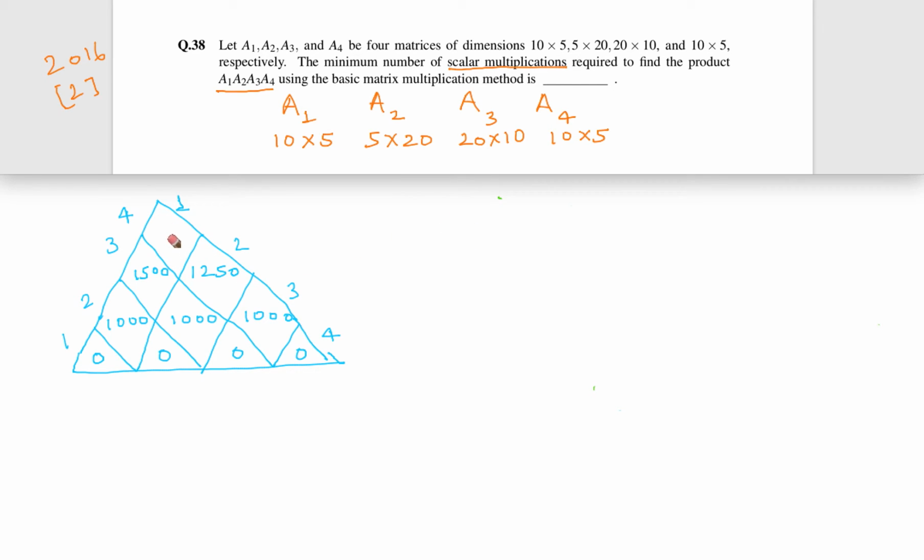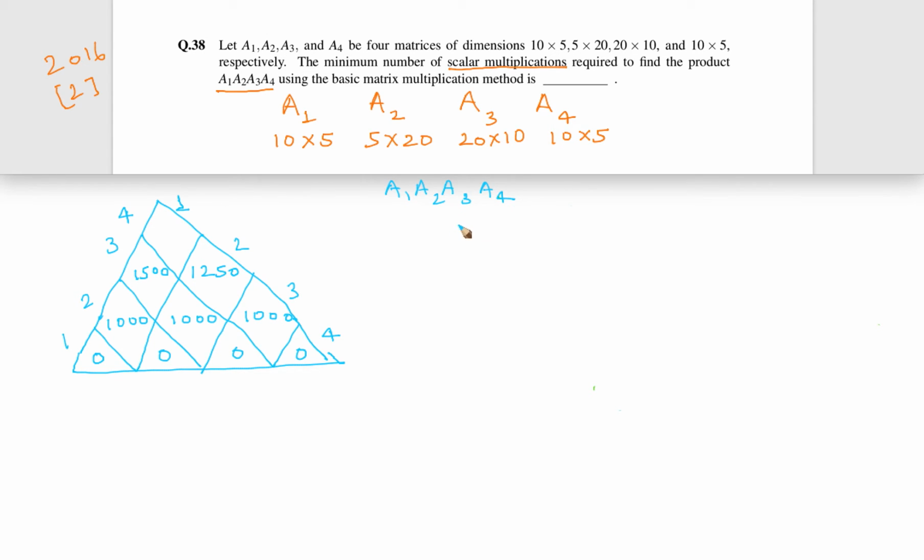Here we have to put that value, and let's understand what it is going to be. We have to find all the ways and then find the minimum way. So A1 into A2 into A3 into A4, this we are talking about.